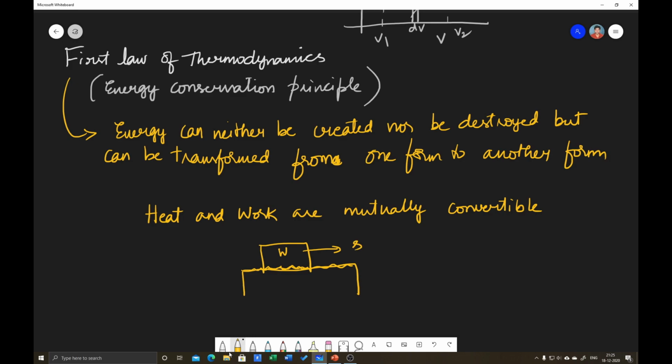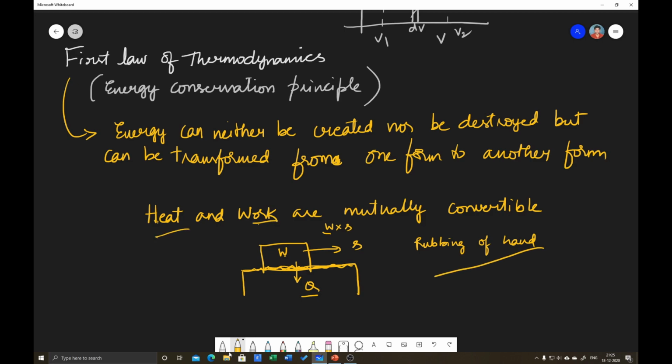This has some weight, and if you move it by some distance, we are doing this amount of work, weight into distance. Whatever work is done, due to friction, it is getting converted to heat. So here work is converted to heat. This way work can also be converted to heat. Another example is rubbing of hands. In winter we rub our hands to get heat.